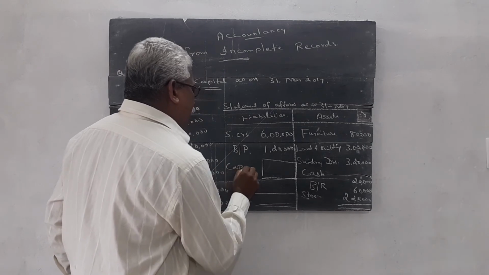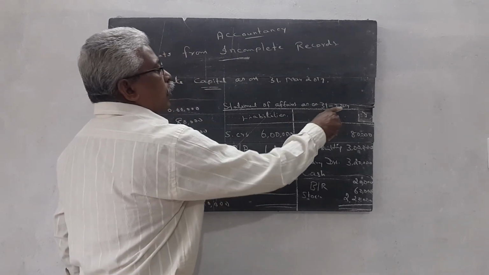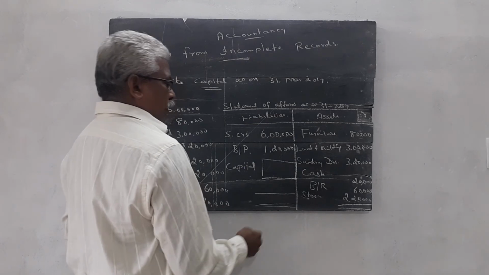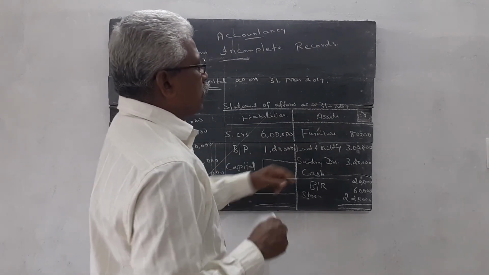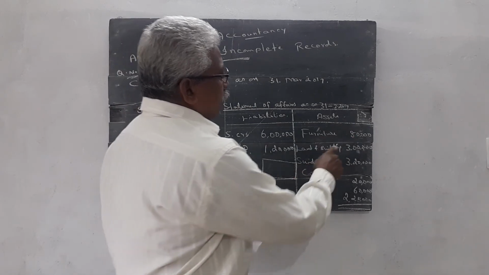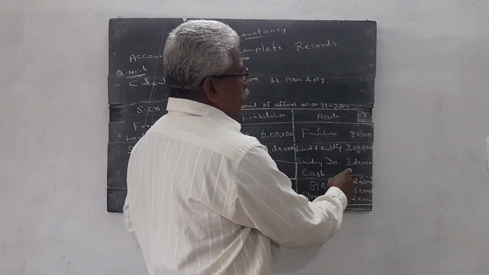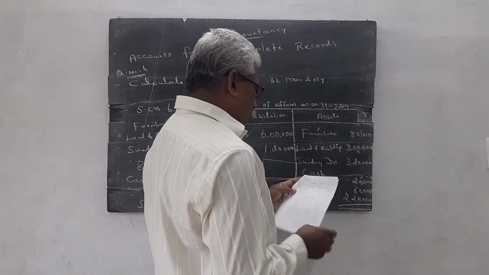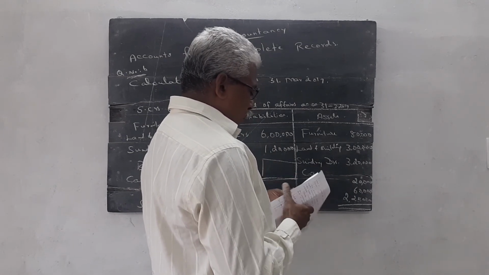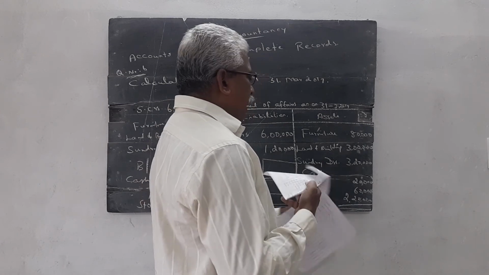So here you write capital as on 31/3/2019. Before that we have to total it. 80,000 plus 3 lakh is equal to 3,80,000, then 6 lakh 80, 7 lakhs. So the total of this side is 10 lakhs rupees.